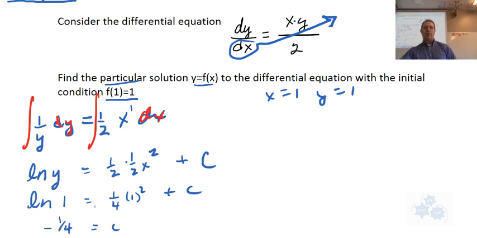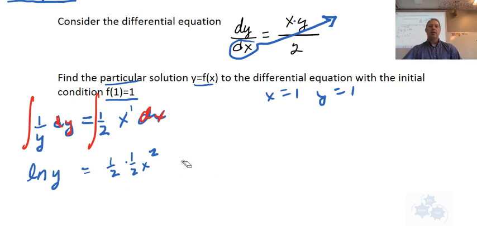What is ln of 1 though? 0. Is it? Okay, so e to the power of what equals 1? 0. Yeah, so that's 0. So everyone good with that, c equals negative 1/4? Okay. So what I'm going to do again, just to save some time, you guys can leave your work there, please. But I will just erase this, and I'm going to put that negative 1/4 right here. Okay, so minus 1/4. We're all on the same page here so far?